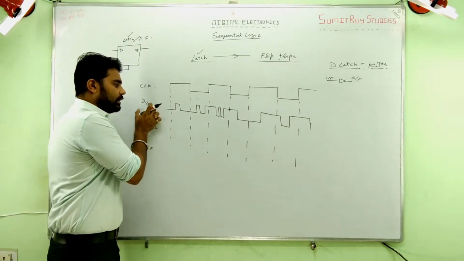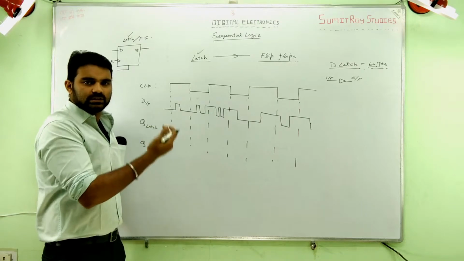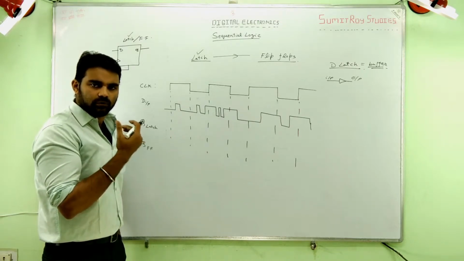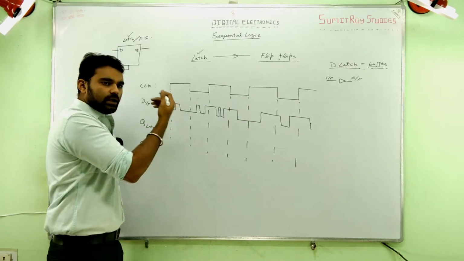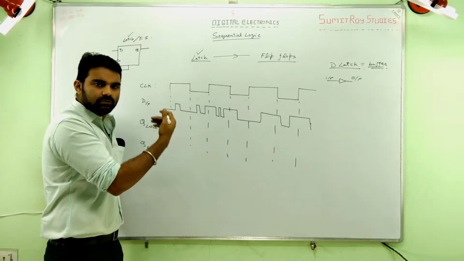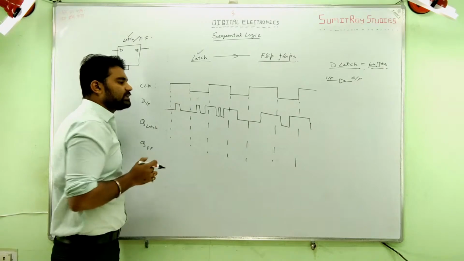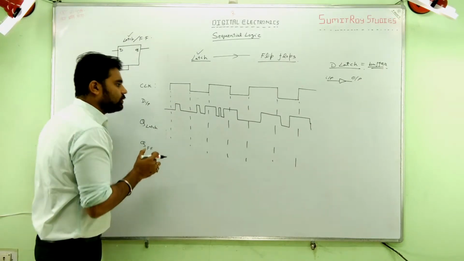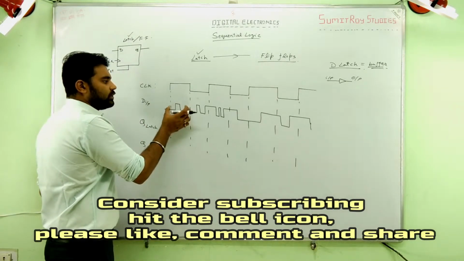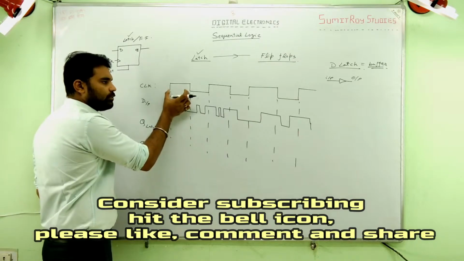Again I'll repeat it: the output of a latch, that is D latch or D flip-flop, will act as a latch or as a buffer only when this clock is high. As we all know, it will only copy and paste during the high position.